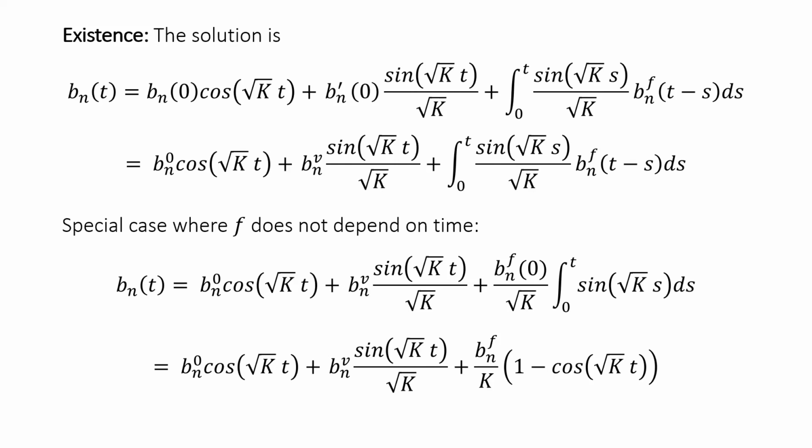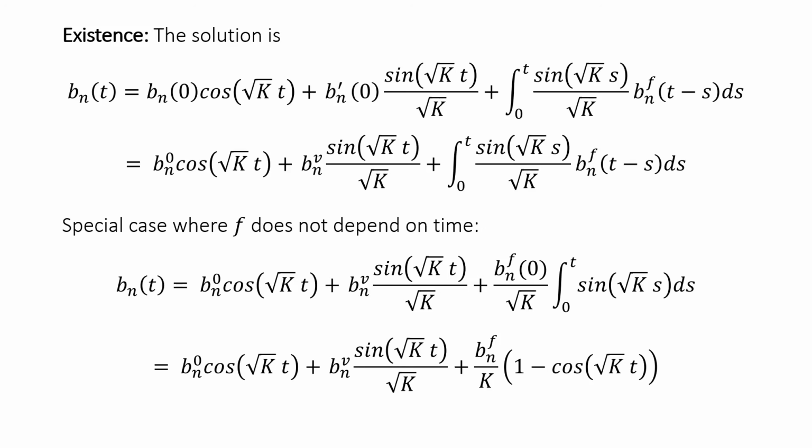An interesting special case is when the forcing term f does not depend on time. In that case, the coefficients in the Fourier series of f are also time independent. The only change applies to the last integral. If we assume that the coefficients of f are constant in time, we can just factor out b_n^f in the last integral. We can also factor out 1 over √k. So the last term becomes b_n^f divided by √k times the integral from 0 to t of sine(√k s) ds.